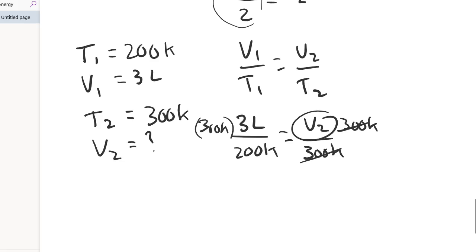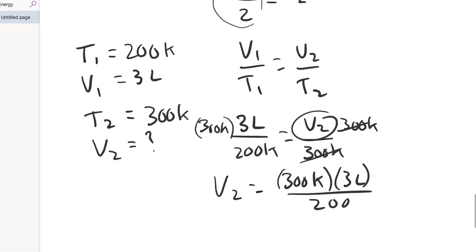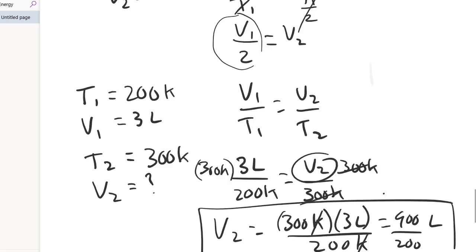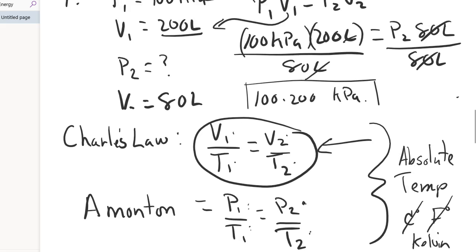So we end up with V2 on its own. So now V2 equals 300 Kelvin times 3 liters divided by 200 Kelvin. Now you can use your calculator and just do 300 times 3. The units will be liters, so you get 900 divided by 200 liters. That is problem 3. So those were all problems dealing with Charles' law.